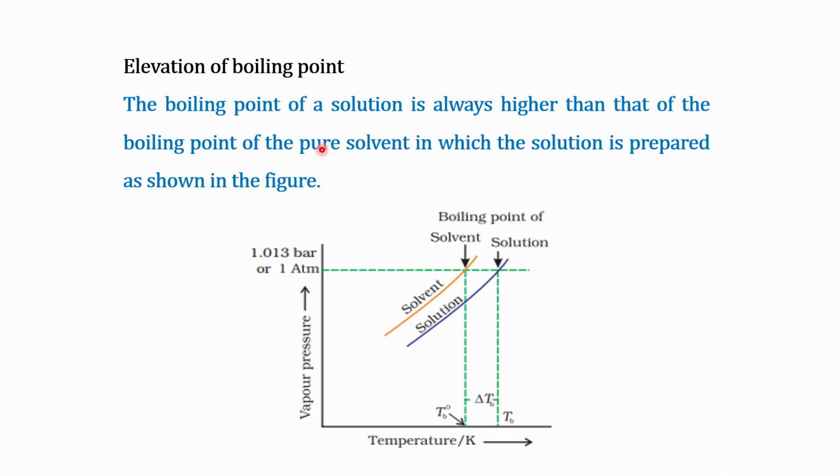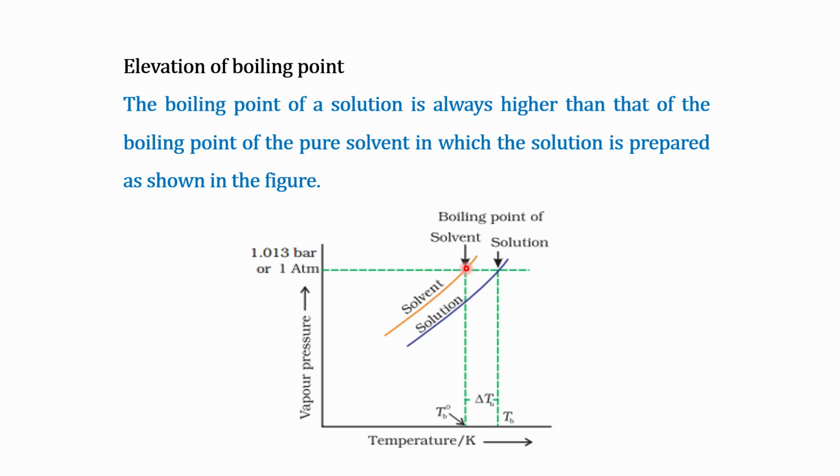Now we go to another colligative property, that is elevation of boiling point. Here also it is a similar system. The boiling point of a solution is always higher than that of the pure solvent in which the solution is prepared, as shown in the figure. Here I have the boiling point of the solvent, the top one, at atmospheric pressure, and this is the temperature.